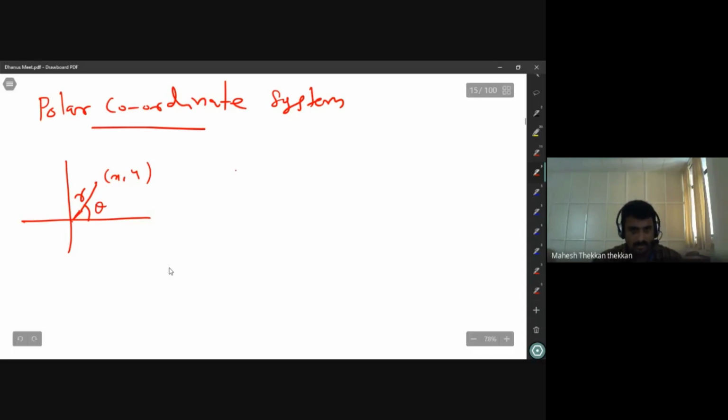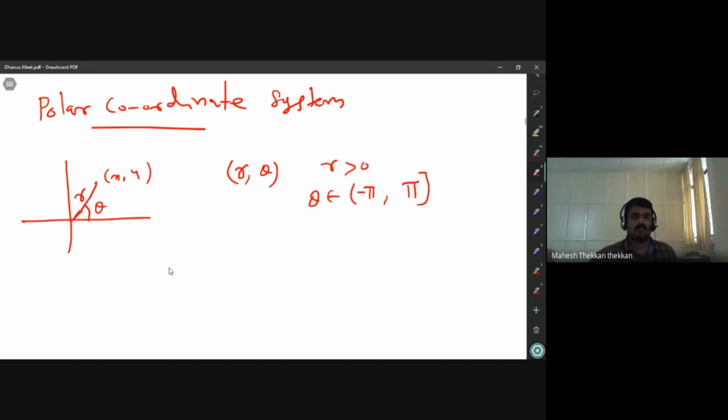That coordinate system is denoted by r comma theta, and r will always be positive, and theta lies between minus pi and pi. Okay, so that is the r theta coordinate system.